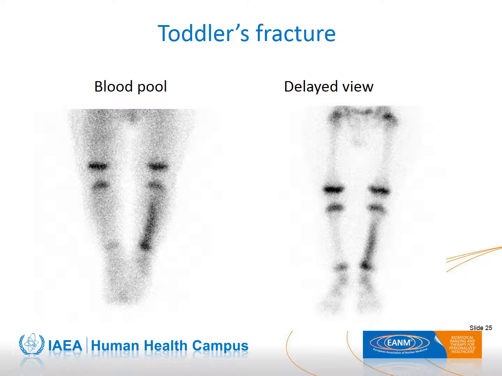There is no bone displacement as the periosteum is very solid in children. Plain radiography is usually interpreted as being normal. The blood pool image and delayed image show moderate homogeneously increased tracer uptake on 2/3 of the tibial diaphysis.